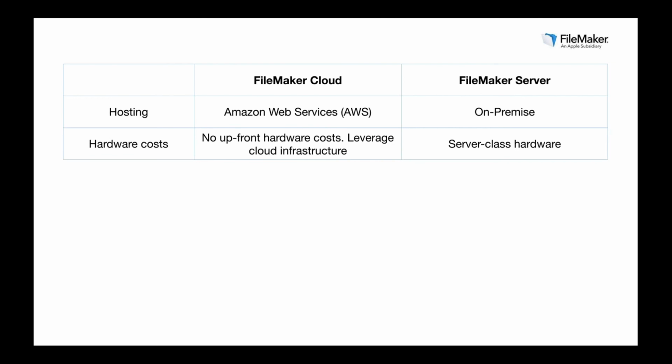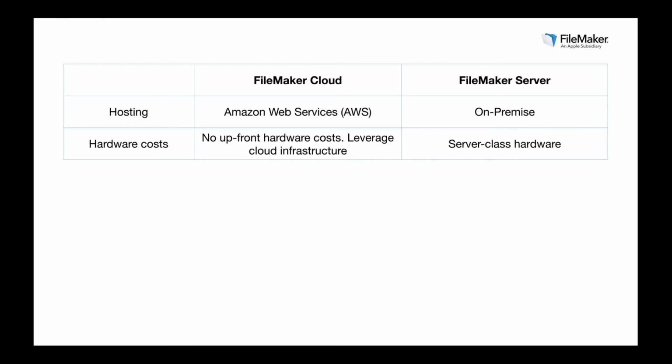What about cost? Well, because FileMaker Cloud really is running on the AWS infrastructure, I don't have to purchase anything. I do have to pay, however, for the compute that's being used every month. So there's no upfront cost, but I'm leveraging the amazing cloud infrastructure that's in place there. Now with FileMaker Server, because it's on-premise and on a computer that I choose, we do have to purchase hardware most of the time.